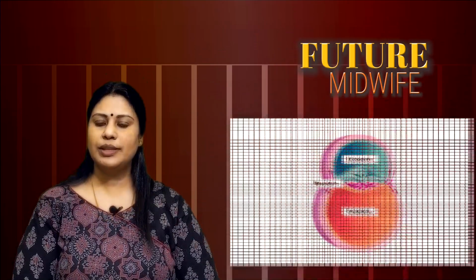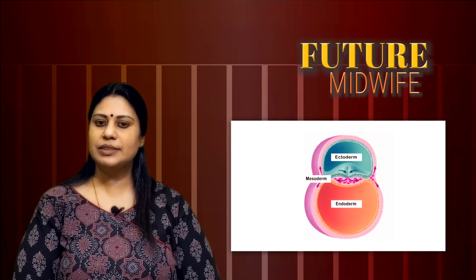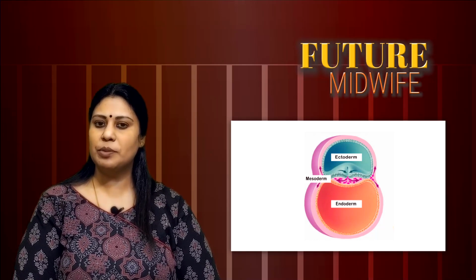On the 10th day, the hypoblast develops to form the lacunae, primitive yolk sac and amniotic cavity. This primitive yolk sac gives nourishment to the developing embryo till the placenta develops. On day 12, the epiblast forms the primitive ectoderm, whereas the hypoblast forms the primitive endoderm.